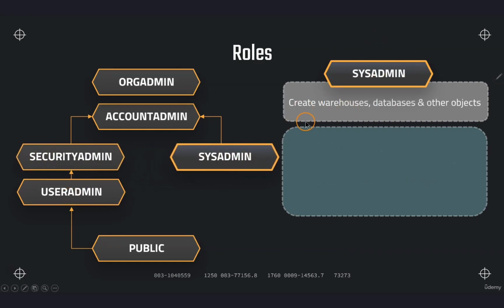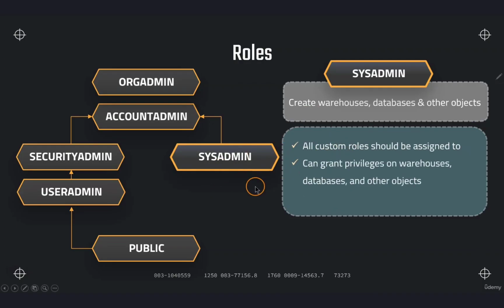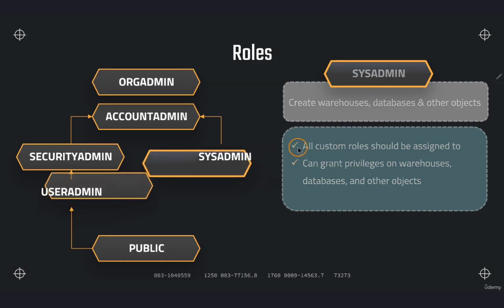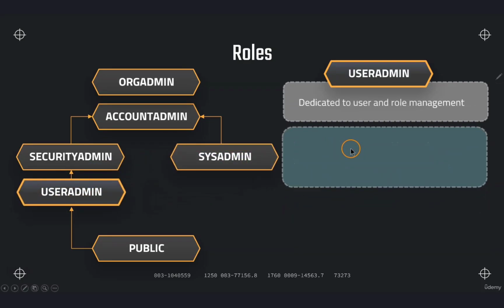And then we have also the sysadmin. So basically they are doing all of the warehouse management and the database management and the object management. And this is exactly the reason why we have to assign the custom roles to this role, because otherwise it could create some conflicts when the sysadmin is creating a database, and then with the access we would get some problems. But we talk about this in more detail, as mentioned, later on.